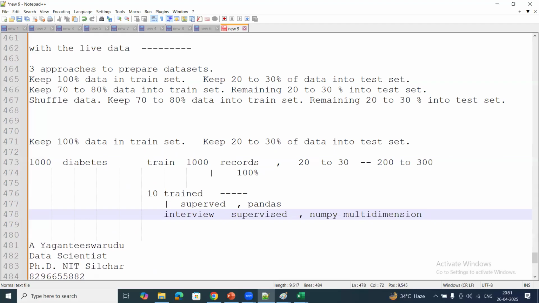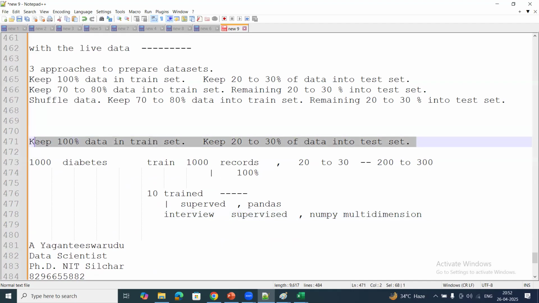If I test how he thinks on top of the trained questions, then I can understand whether he is able to face outside interviews or not. So that's why training and testing should use independent data sets, so that you can identify your machine learning model performance. So this first approach is not useful.